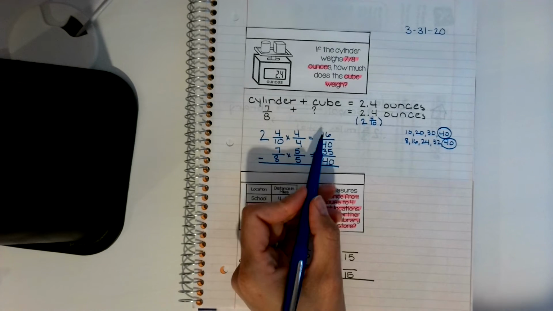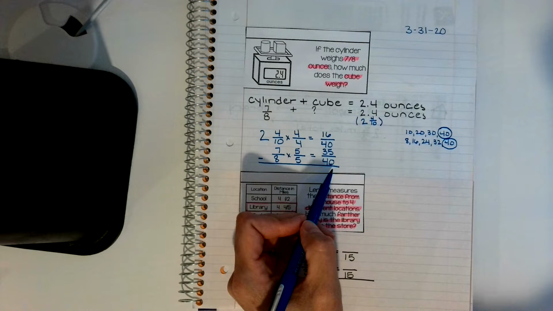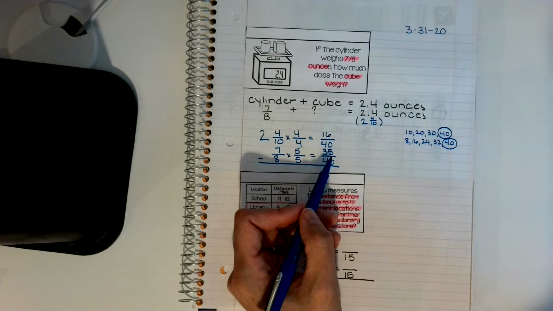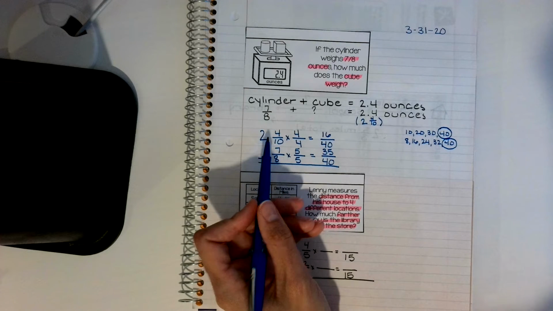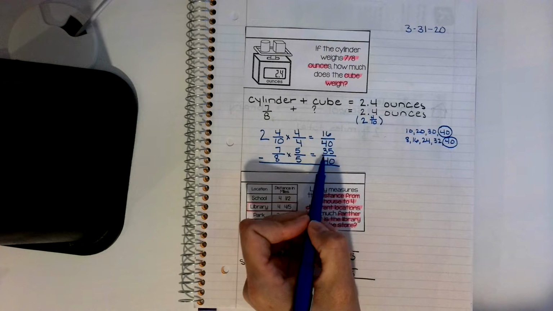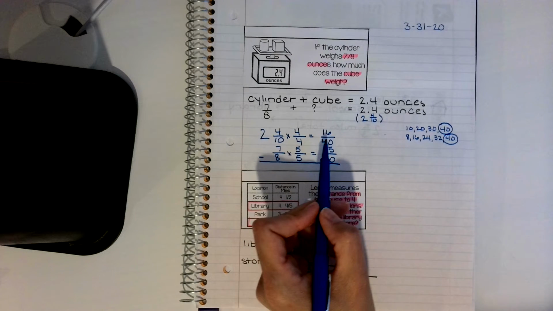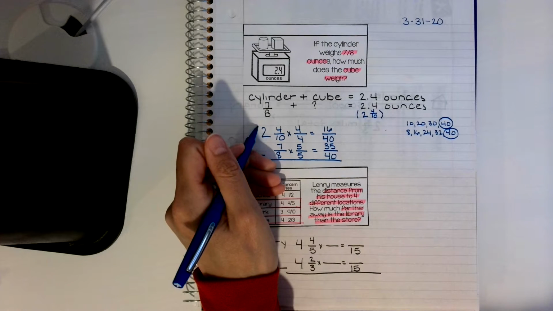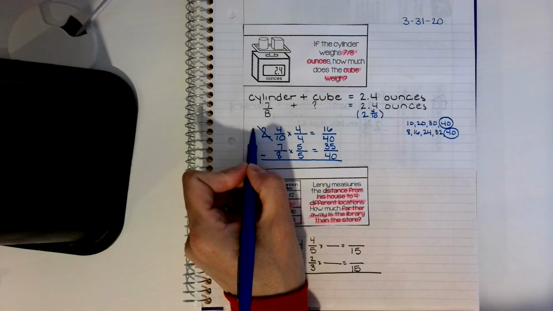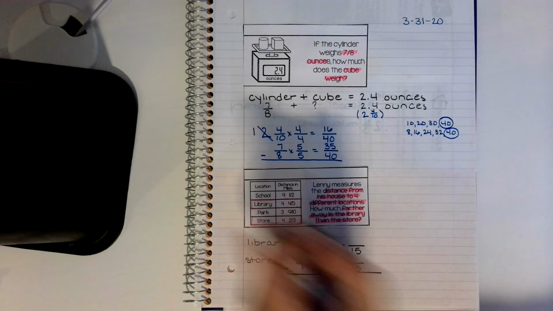Okay, so we can't subtract this direction. Or yes, we can. I'm sorry. Let me back up. I forgot we have a whole number. We can't take 35 from 16. So you need to borrow from your whole number. So you're going to take 1 from the 2. So now you only have 1 whole there.